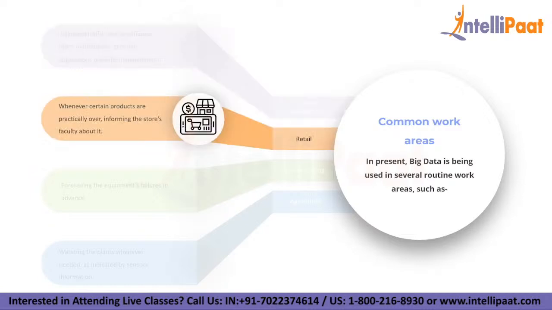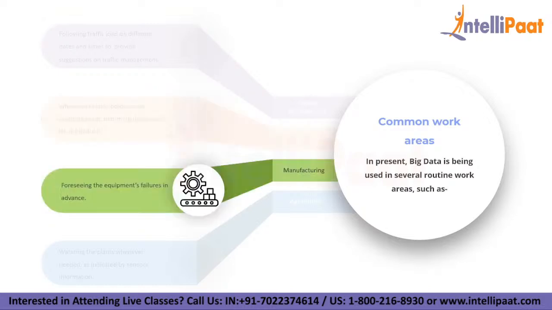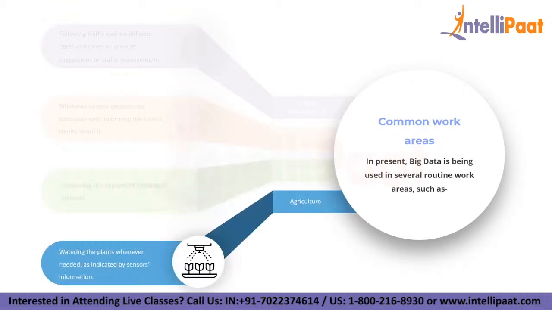Then it is also being used in the retail sector. Whenever certain products are practically over in a shopping venue, it informs that store's staff about it. After that, it helps in foreseeing equipment failures in advance. And at last, it is also being used in the agriculture sector, and it helps in watering the plants whenever it is important, as indicated by the sensors information.